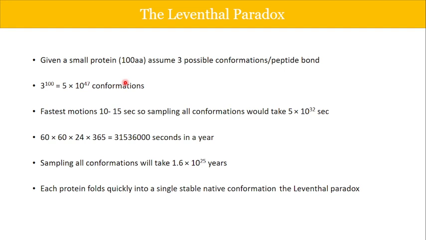Even if we consider that the fastest motion is 10 to the power minus 15 seconds, it would take about 5 into 10 to the power 32 seconds, which is around 1.6 into 10 to the power 25 years.